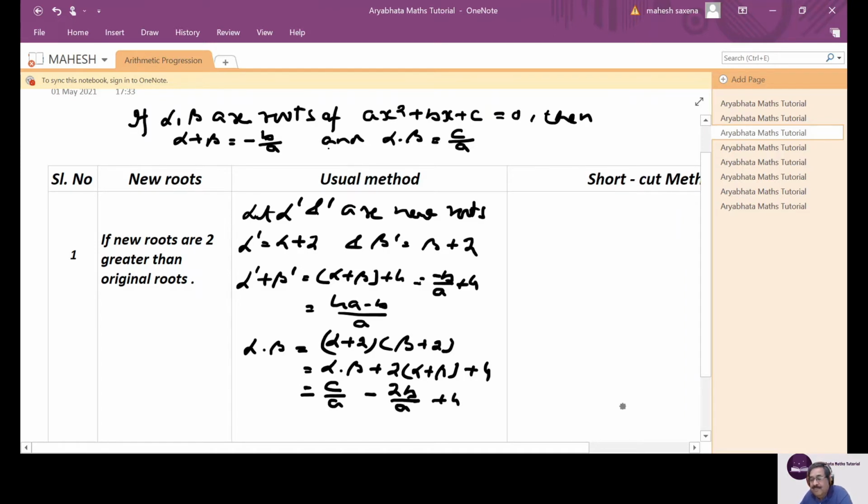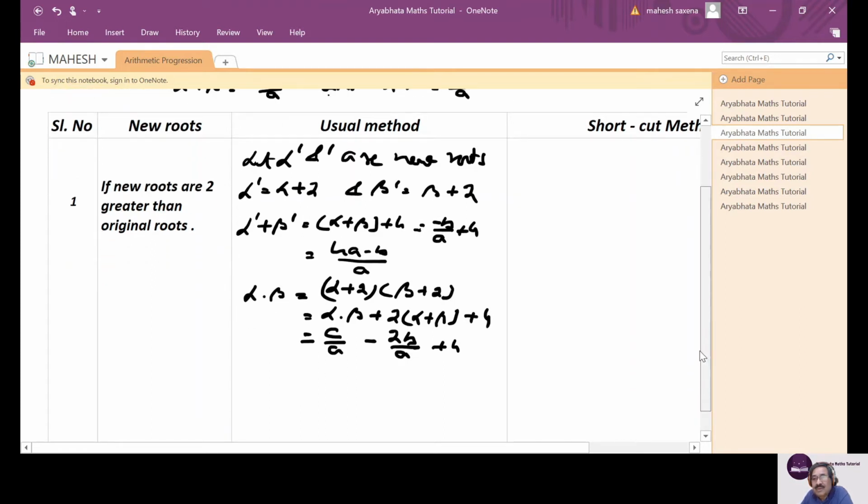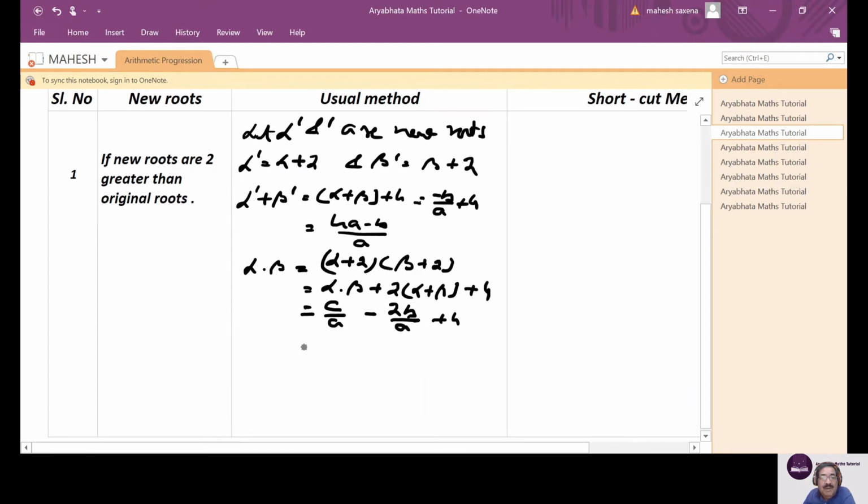Therefore, it will be (4a minus 2b plus c) upon a.